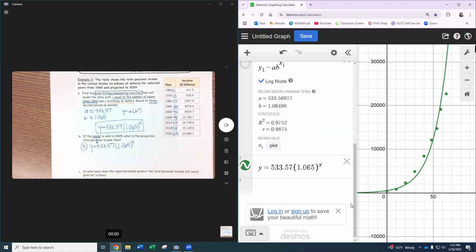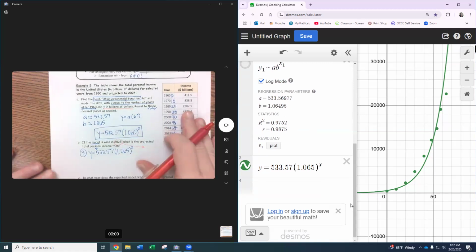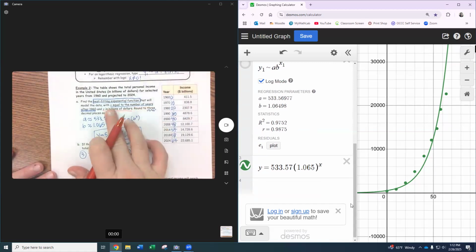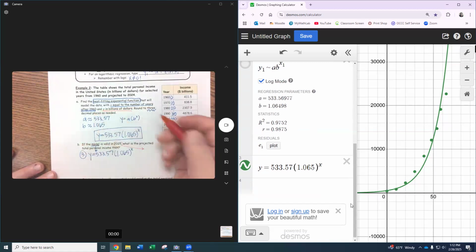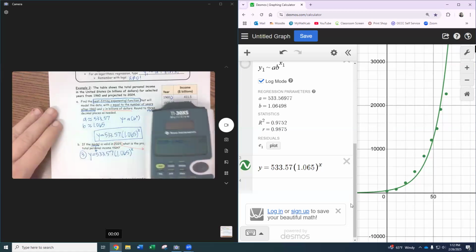So let me go in a different color so it doesn't get all muffled together. In 2025, we're talking about X because X is the number of years after 1960. And so subtract the 2025 minus 1960.